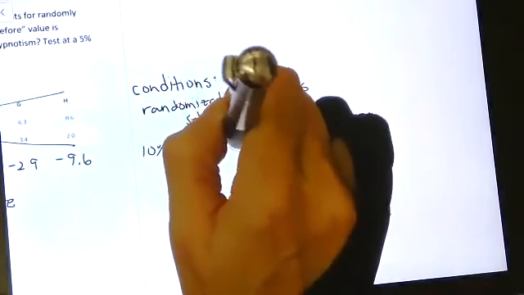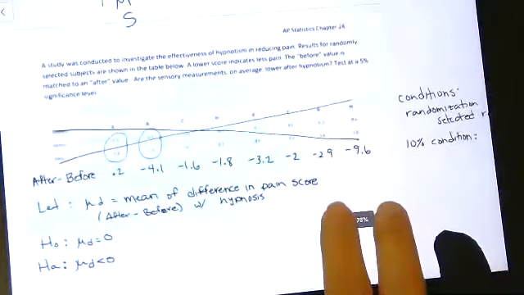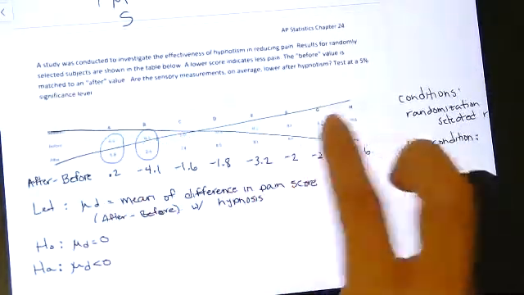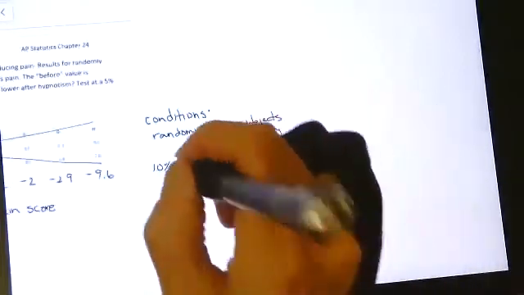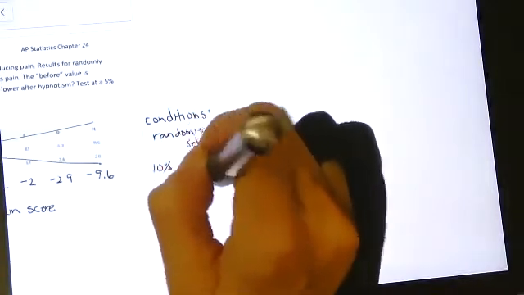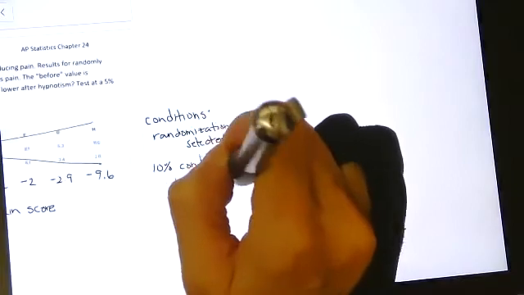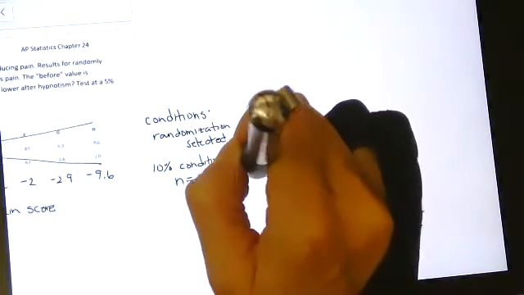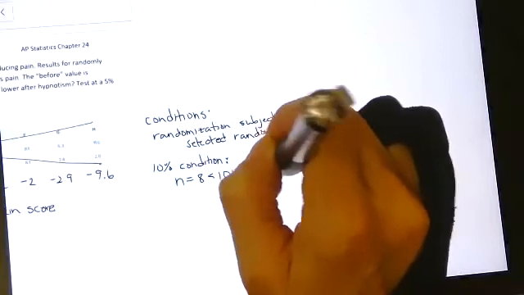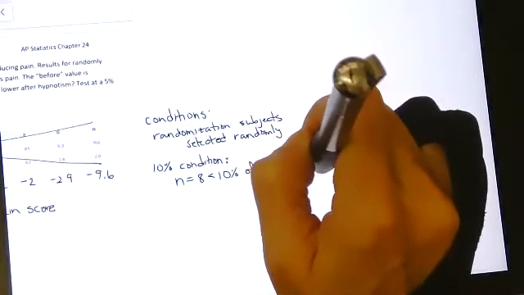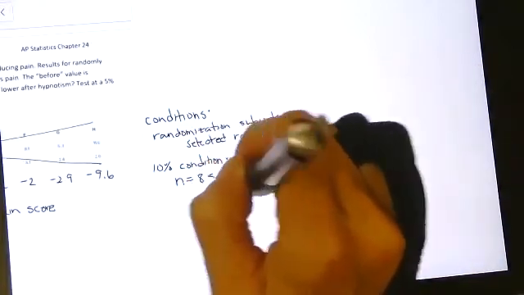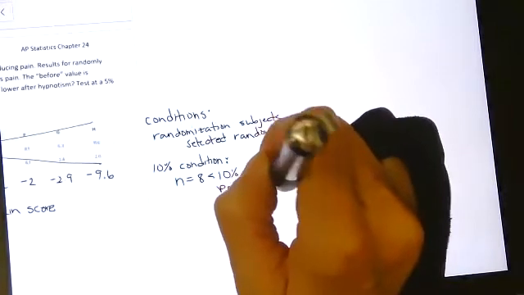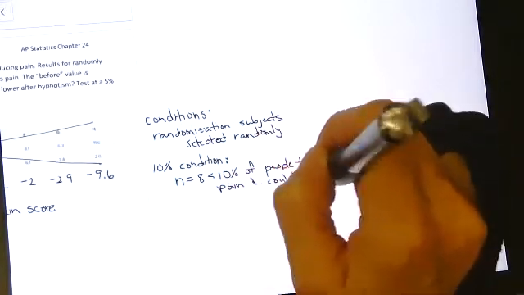10% condition. If we count, we got 8 people in this study. So n equals 8 is less than 10% of people that have pain and could receive hypnosis.